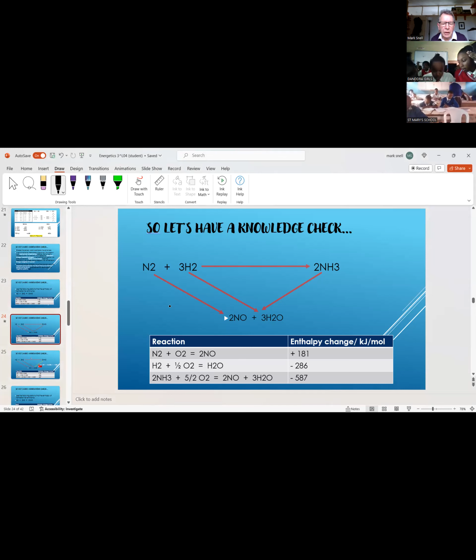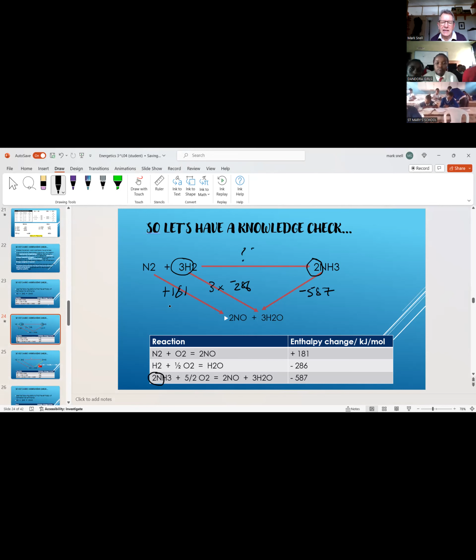So this arrow here is positive 181. This arrow here, because it's 3 hydrogens, will be 3 times negative 286. This one here, although it is 2 here, because it is 2 in the equation, is negative 587.